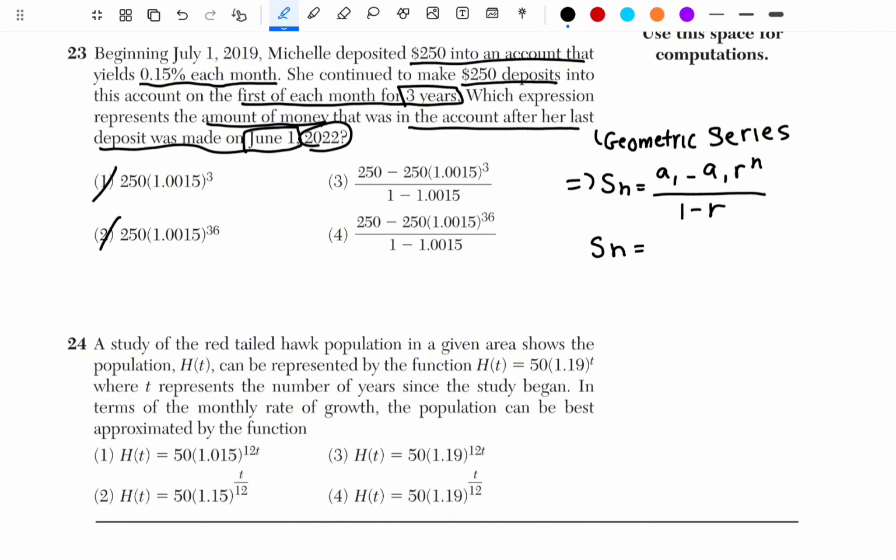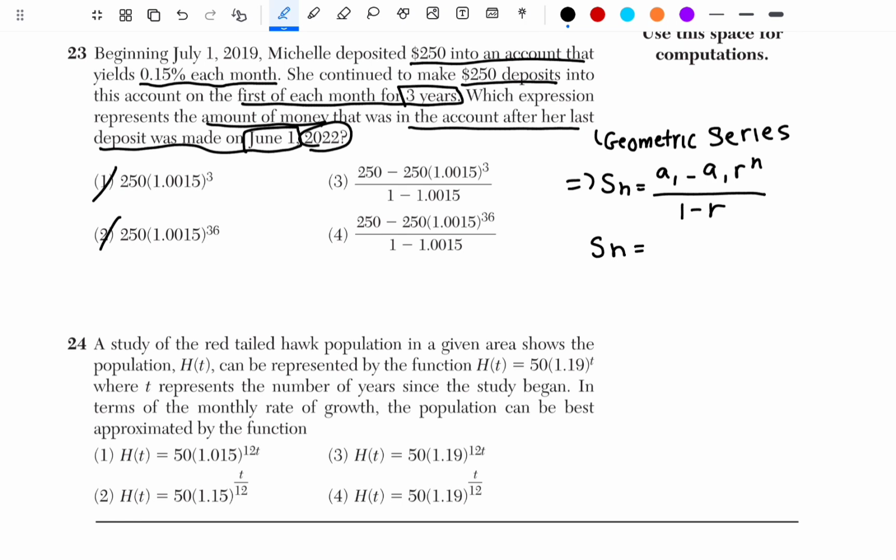So we're adding that consecutively. Answer choice 2 does not do that. Even if it does the 36 months, that is still not the right amount because it's not adding what she has been adding to each of her years. She starts out with 250. The next year she has 250 plus that 250 times the interest rate. And so that changes every single year. So we know 1 and 2 are eliminated.